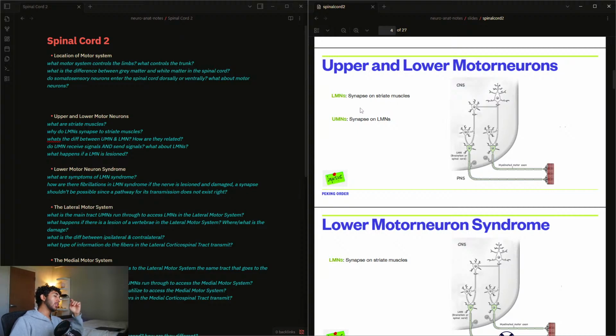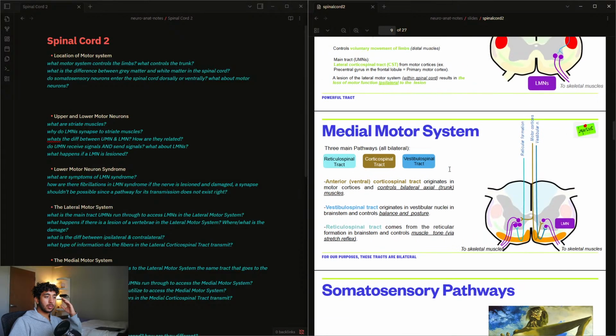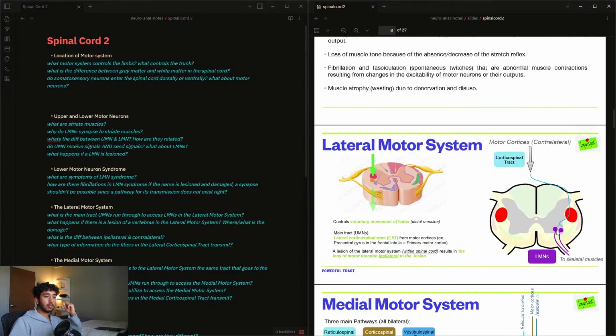Lower motor neurons synapse to striate muscles. Oh yeah, because we're talking about the motor pathways, not the somatosensory. So the upper motor neurons access the dorsal horns, and then the lower motor neurons go from the dorsal horns to the striate muscles.